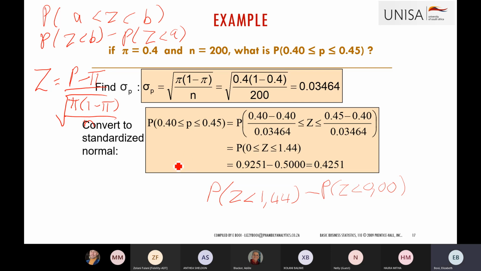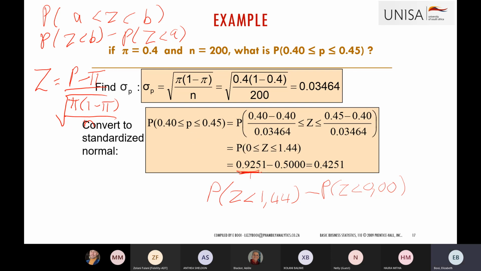Go into the table and find the probability of 1.44. We've been doing it, so I'm not going to the table. When we go to the table, we find that the probability is 0.9251, minus, and when you look for 0.00 you will find 0.5000.